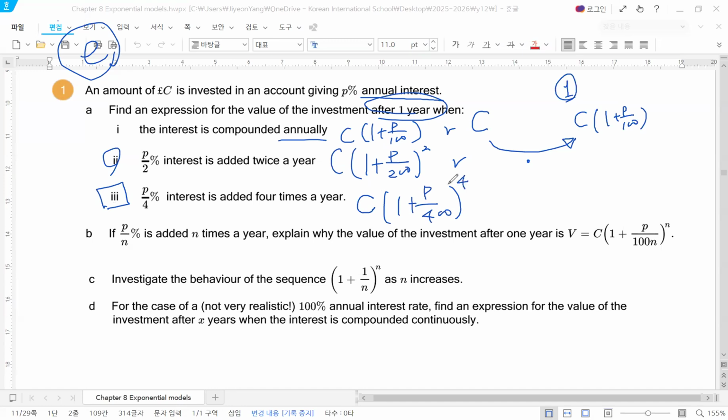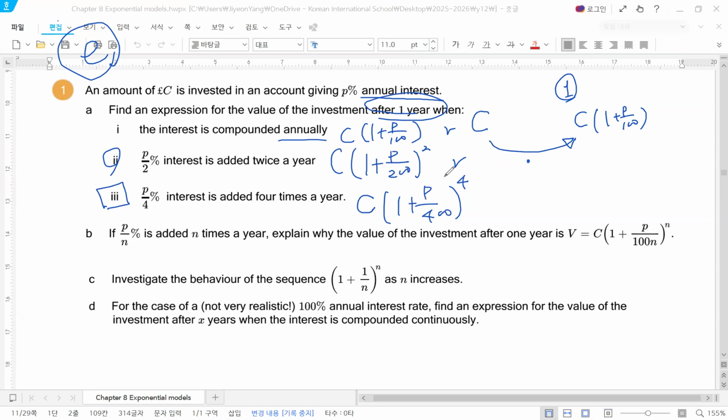Very good, guys. It's like this one. We can divide 1 year into 4 quarters, right? With quarters, and then P over 4, P over 4, P over 4. We can give them interest 4 times. And then the total amount of money is going to be in this way.